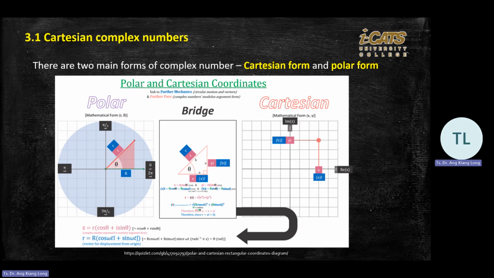Okay, so you will see z equal to r something. Later we will explain, but today we just see a picture, just a general view. What is the general form of a complex number? You have two sets of numbers. In the exam, you need to switch between polar and Cartesian. Cartesian means on the graph paper, the normal x-axis and y-axis.